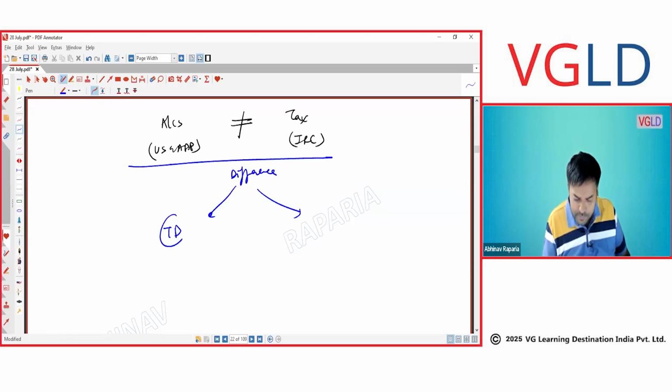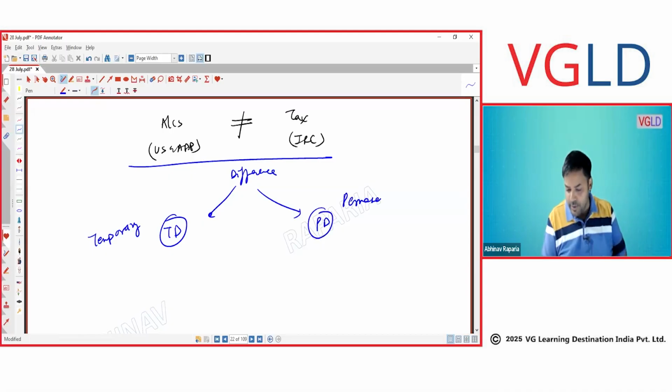Temporary difference, and second is permanent difference. Temporary difference is something which is going to reverse in future. Permanent difference is something which is never going to reverse.